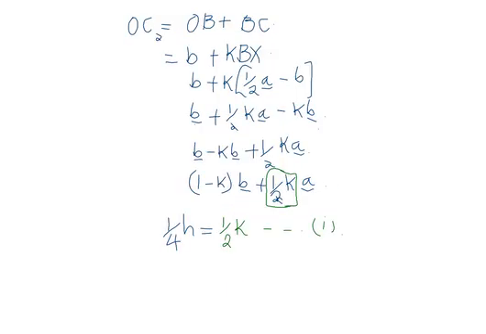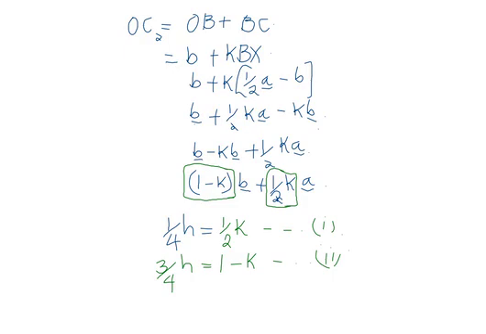This means that 3 over 4 h should be equal to the coefficient of vector B in OC2, which is 1 minus k, and this is our equation 2. Now we have equation 1 and equation 2 which are in h and k. Now we are supposed to solve them simultaneously to get the value of h and the value of k.